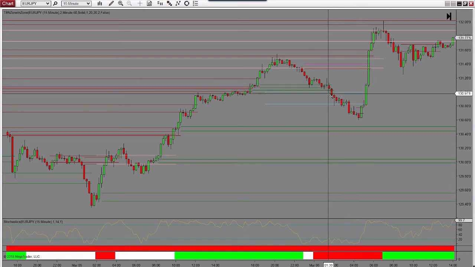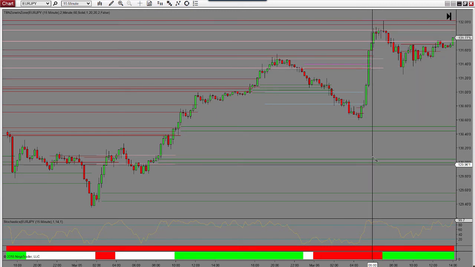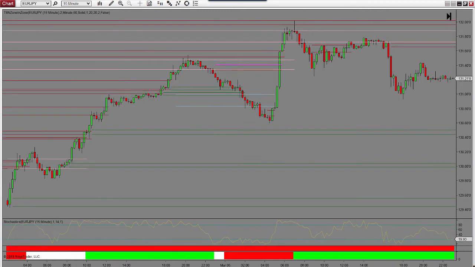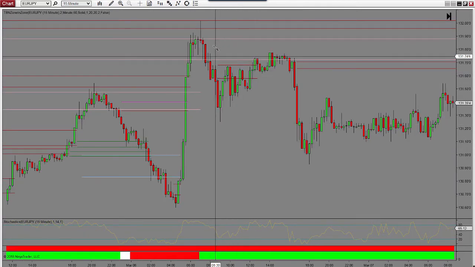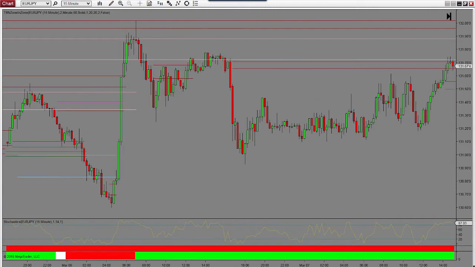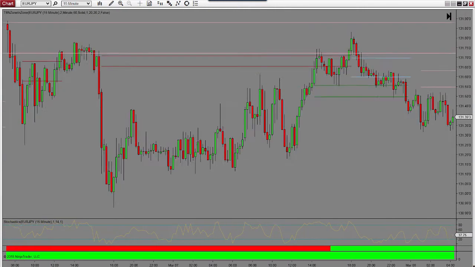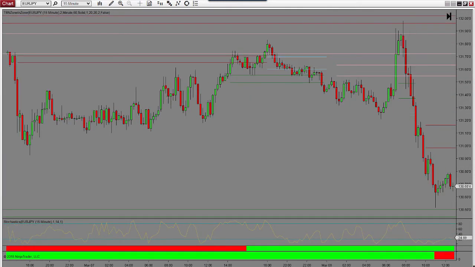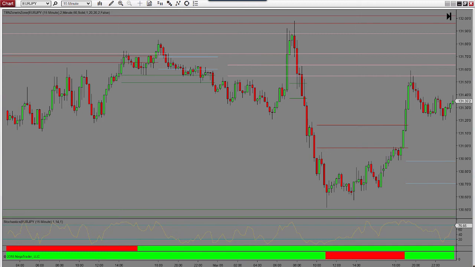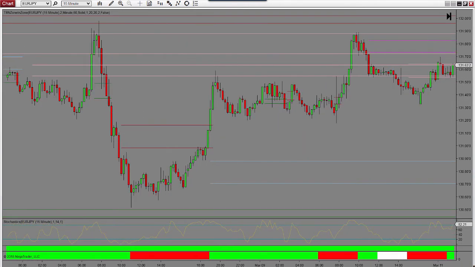We've had a long one here. Would have been ran over. And look where it stopped. Well, I guess these aren't. I wouldn't count that actually. I'd be looking for it here.